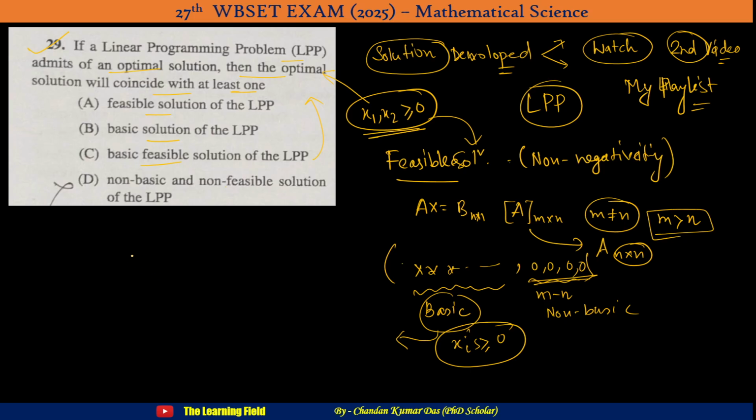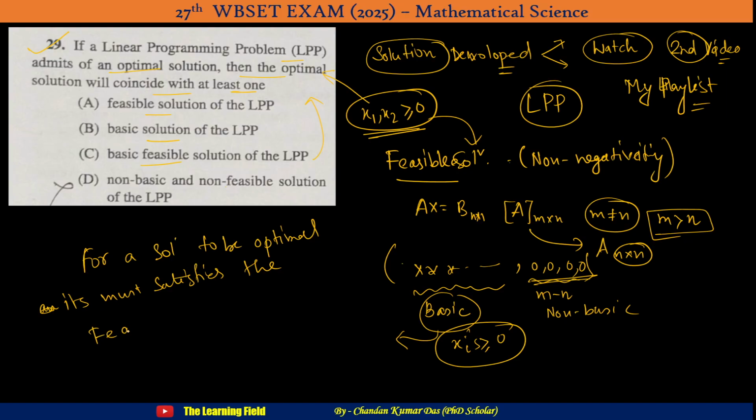For a solution to be optimal, it must satisfy the feasibility condition as well as be a basic solution, that is, the variables should be basic.